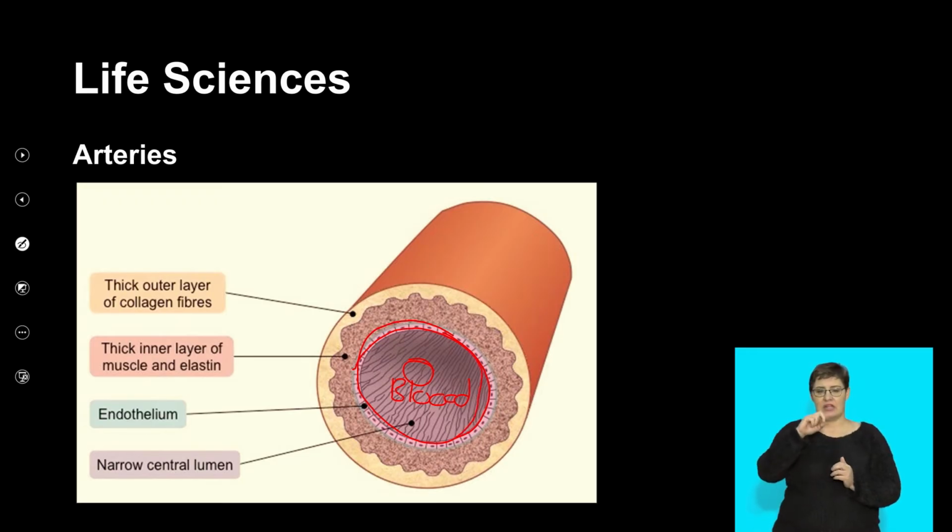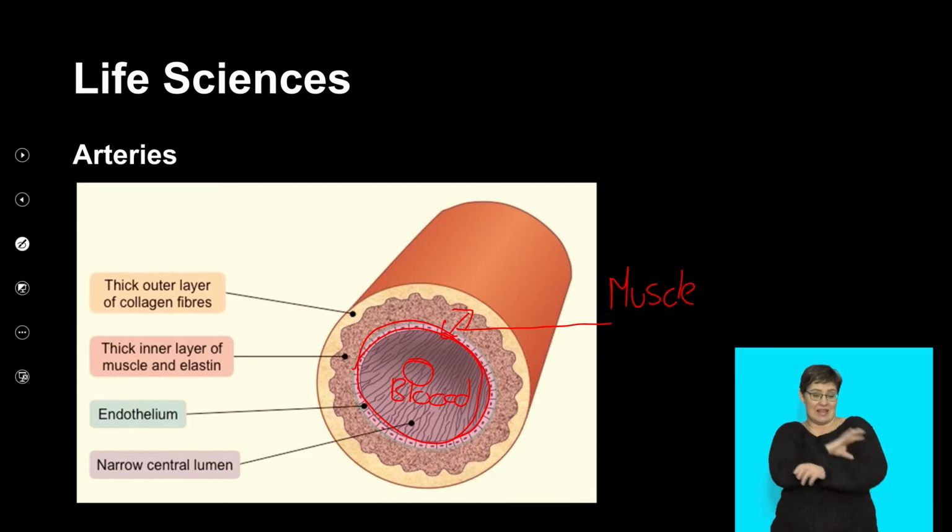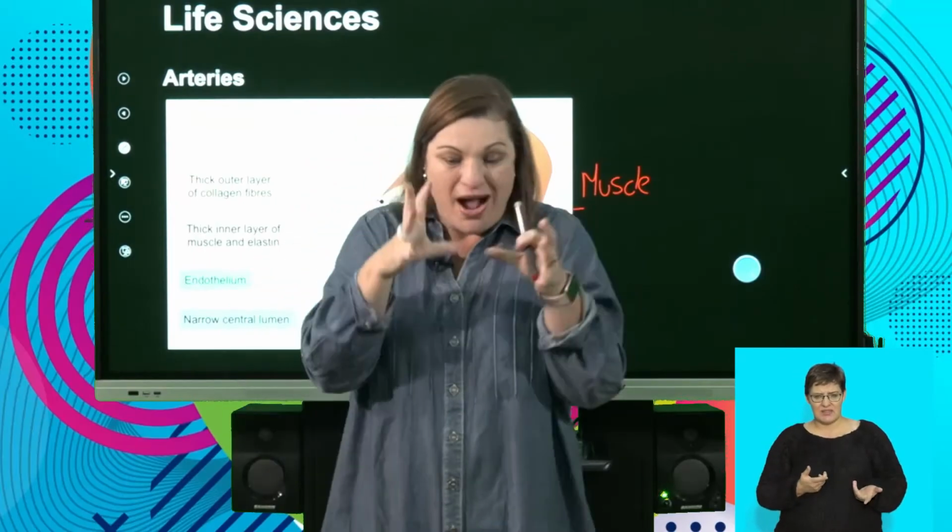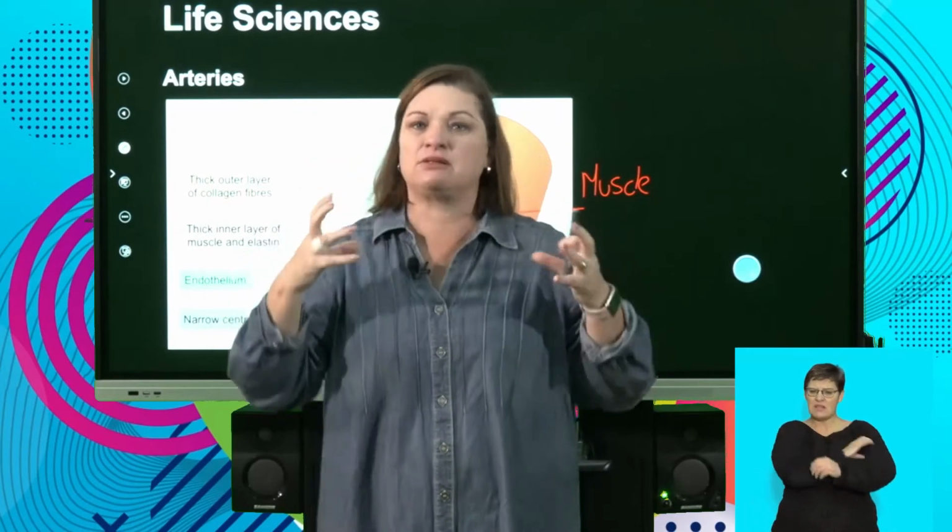But what makes an artery so special, when you look at a picture, is that it has this huge, big muscle layer. Why does an artery have this big muscle? It must pump the blood to the rest of the body.